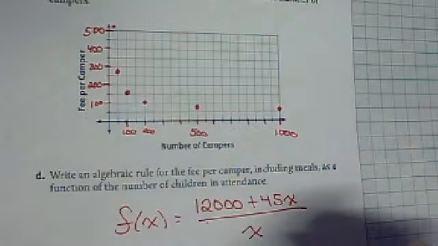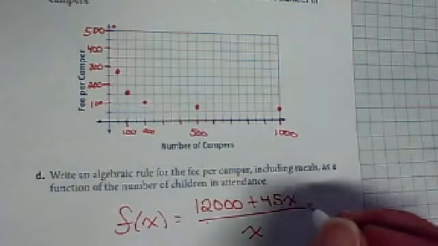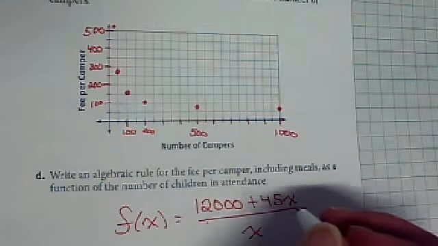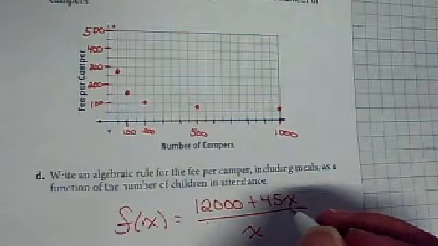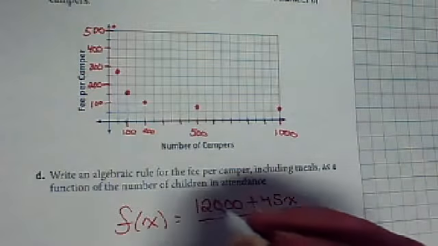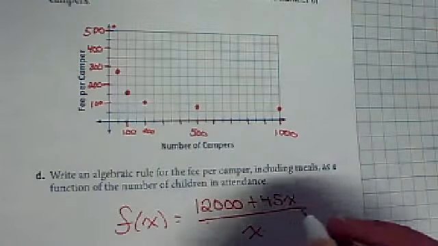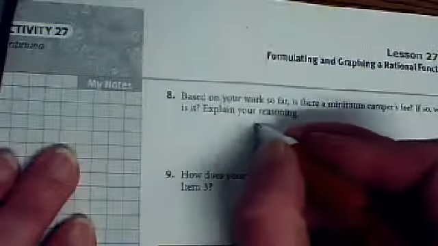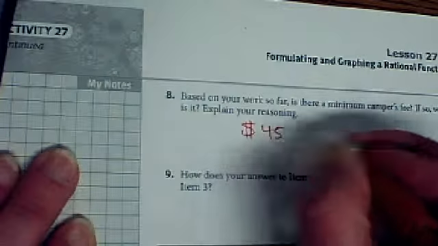Now let's think on this one. Is there going to be a minimum camper's fee? Well, if you really think about it, you got to pay for the meals. That's out of pocket. Everything else can be covered by how many campers we have, but that $45 per camper is really that minimum camper fee.